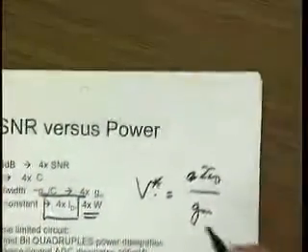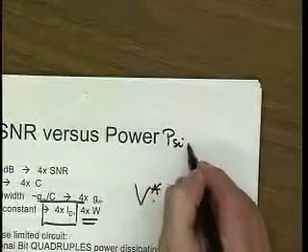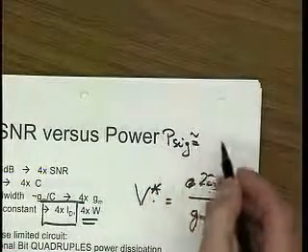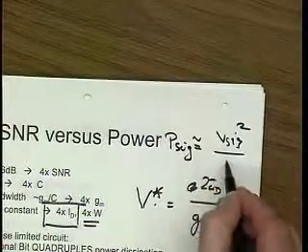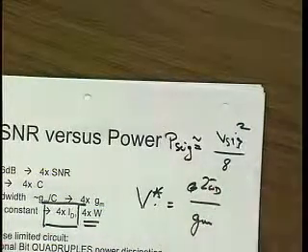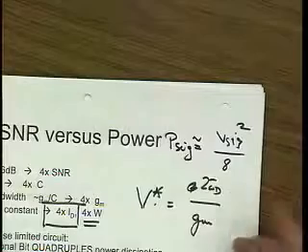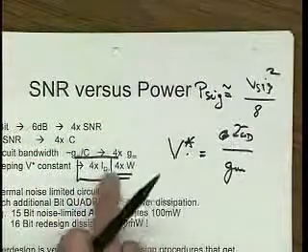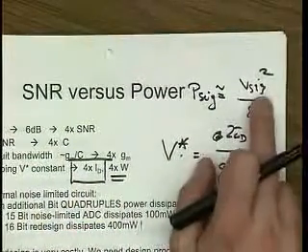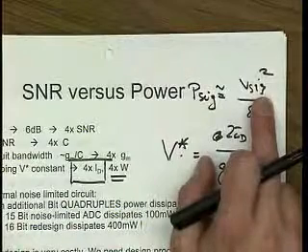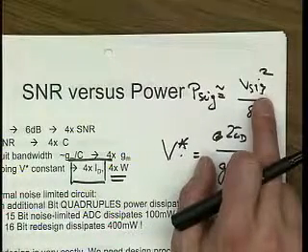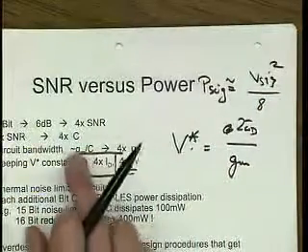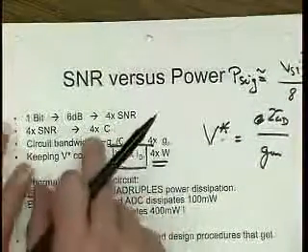So the signal power is proportional to V signal squared over 8 or something like that, some factor. So by increasing ID, we really didn't change this at all. And all we really changed was the noise power because C went up.